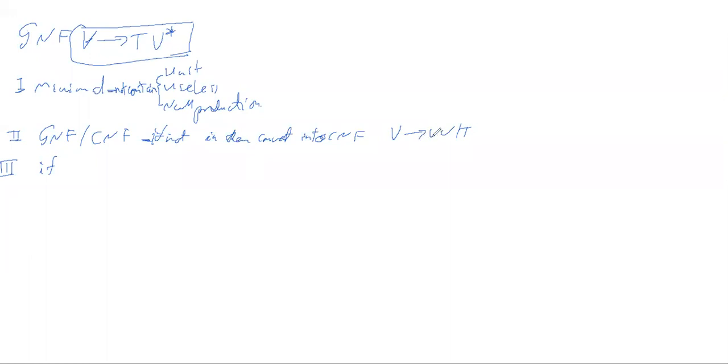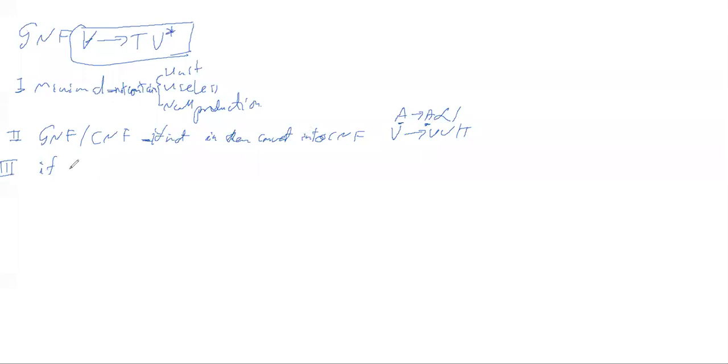Among the two non-terminals, one may repeat what is on the left hand side, in the leftmost position on the right hand side. Then you may get a left recursion, like A implies A alpha. The same non-terminal is repeating on the right hand side. So that is a left recursion.